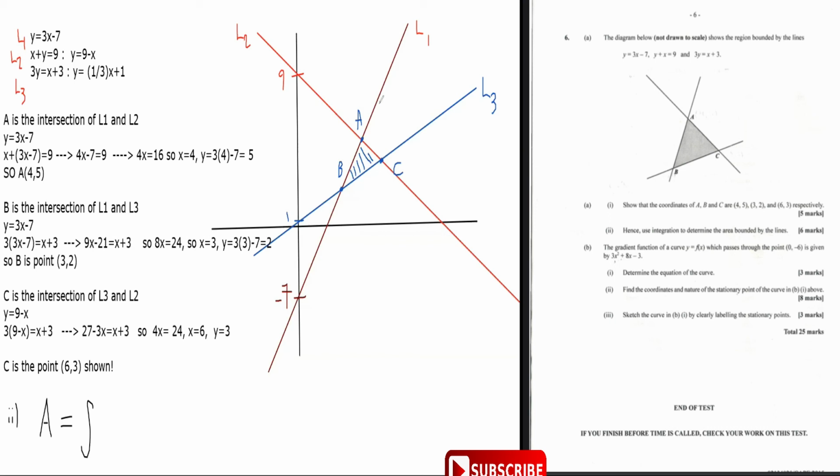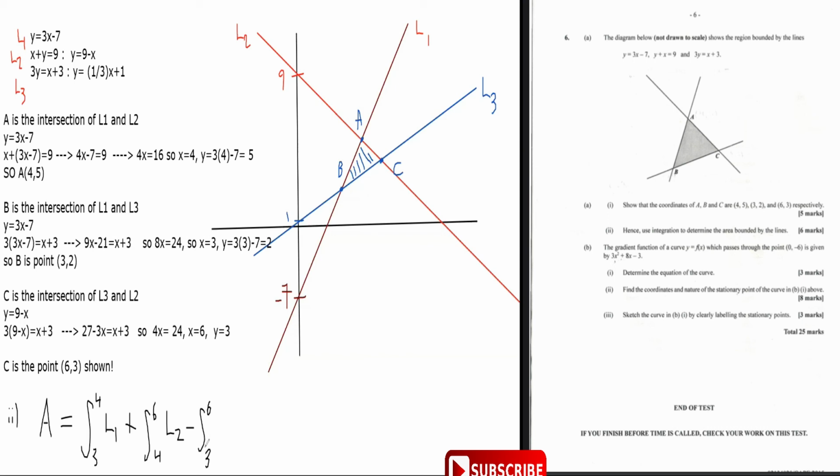So the area A is going to equal the integral of this line. This line is L1, so we're integrating L1 from B to A. B's x point was 3, so integrating from 3 to 4 of L1, plus we're then going to integrate from A to C, from 4 to 6, of L2, minus the integral of L3 from B to C, which is from 3 to 6.